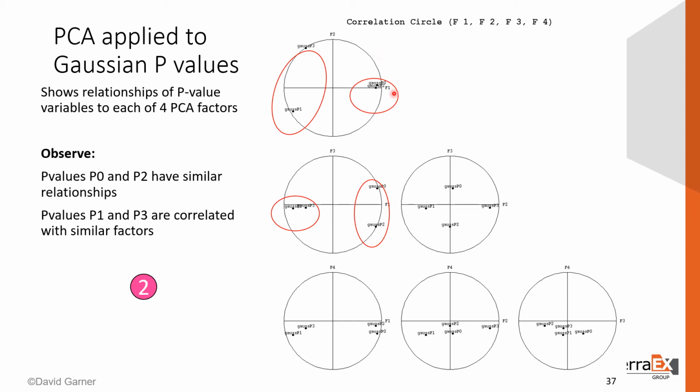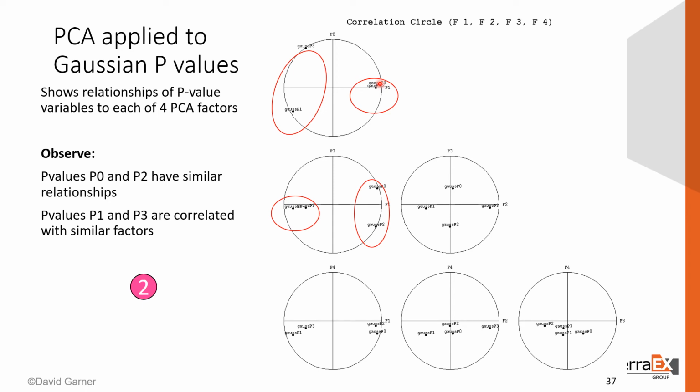It's comparing the first and second PCA factors, and the center here is 0 correlation, and that outer circle is correlation of 1. So these two probabilities are very highly correlated to the first factor.